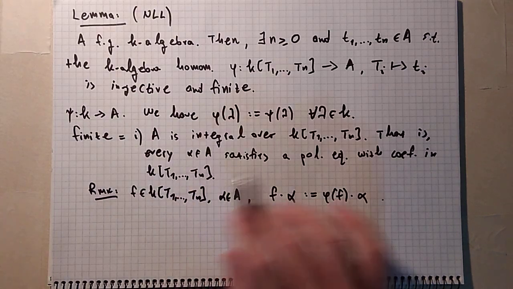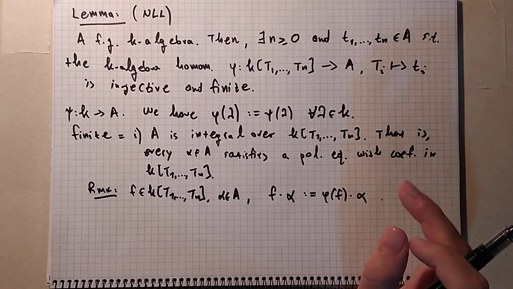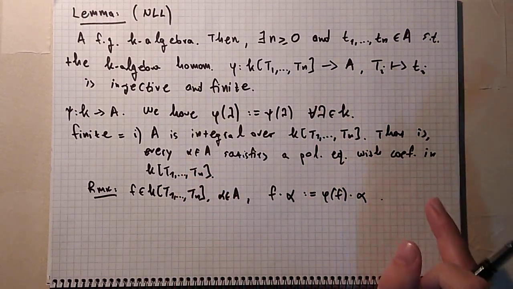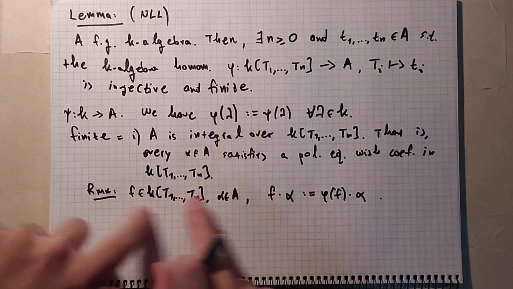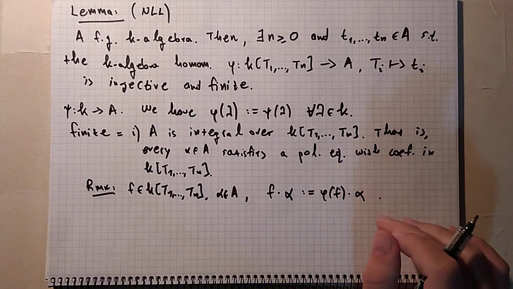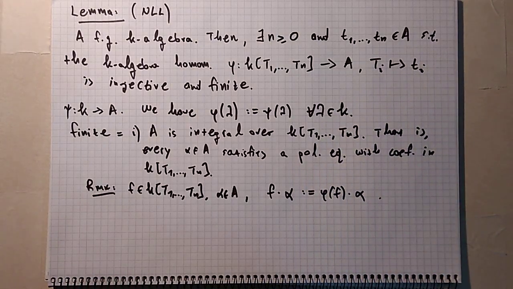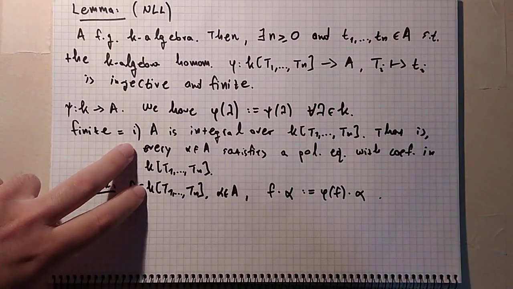So when I say that A is integral over this polynomial ring, and every alpha satisfies a polynomial equation with coefficients here, what I really mean, when I multiply things from here and here, is this. Okay, so I am going to use this or something like that below.